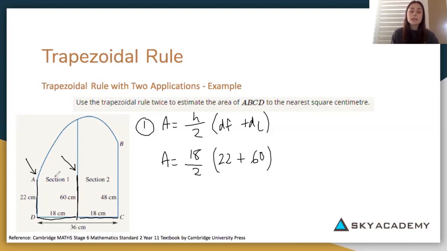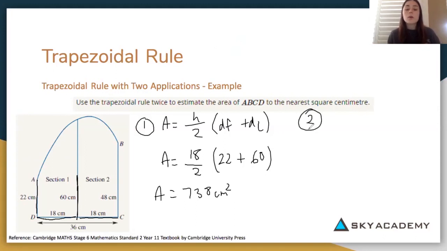And section 1 is enclosed in between these 2 sides. So let's put that into the calculator. So we get 18 on 2 times by 22 plus 60, and we get 738 centimeters squared.